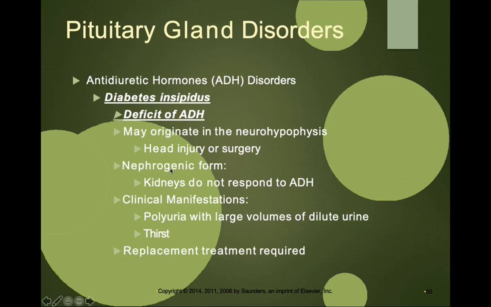There's the nephrogenic form, which means the kidneys are not responding to the antidiuretic hormone. And when there's no antidiuretic hormone, then what happens to the urination? Polyuria, with large volumes of diluted urine, and then you become very thirsty. So there's polyuria and polydipsia.